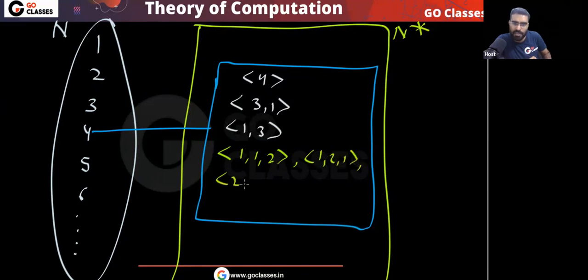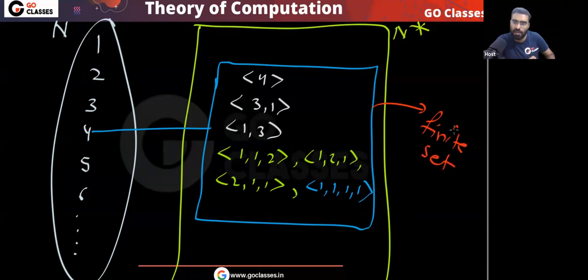For example, 2, 1, 1. What else? For example, 1, 1, 1, 1. This also you are assigning. So anyway, you can easily notice a finite number of elements you will assign. A finite set you are assigning. Yes or no? Agree with me? Please tell me.